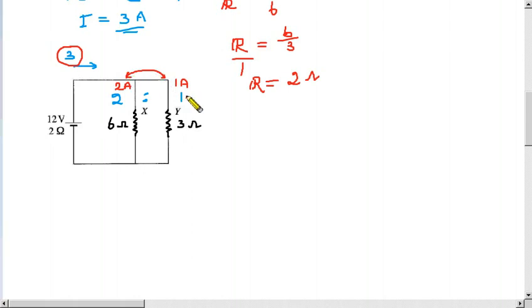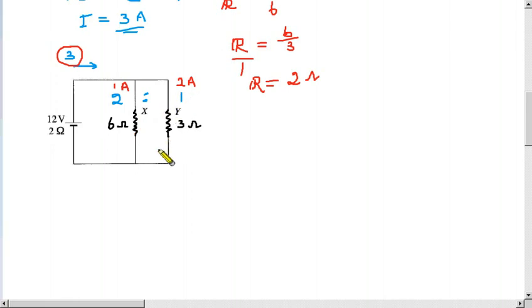So 2 ampere should go this way, 1 ampere should go this way. First you divide according to ratio, and then you interchange the values, because the current should be greater in the smaller resistor. Now we know the current of this wire and the current of this wire.